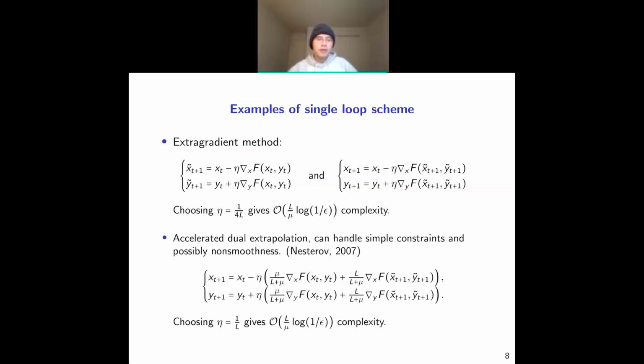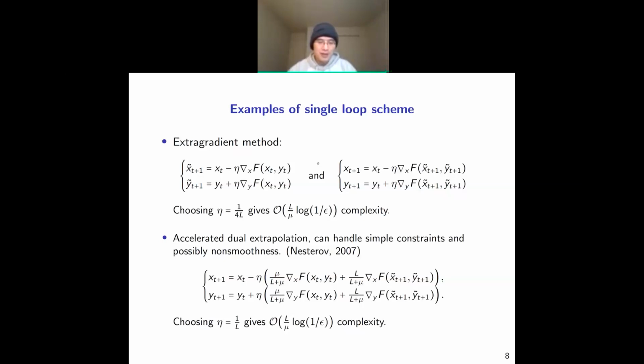A similar algorithm is Nesterov's dual extrapolation method. Compared to the simple gradient and extra gradient methods, it can handle simple constraints or possibly non-smoothness if you have access to some proximal operators. But the original algorithm is kind of very complicated and counterintuitive.